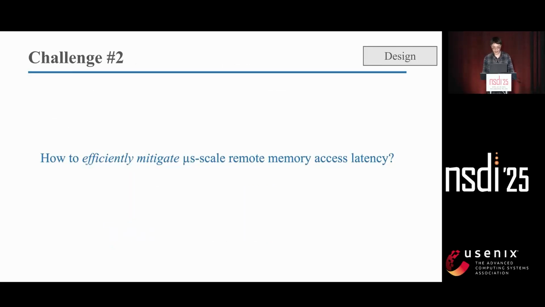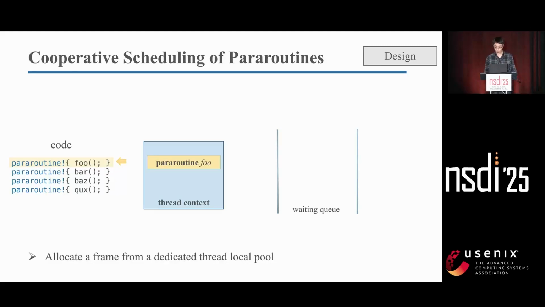And the second challenge is how to efficiently mitigate microsecond scale remote memory access latency. So we developed a lightweight and efficient cooperative scheduler for pararoutines. During code execution, the runtime will sequentially launch the pararoutines as on the left.